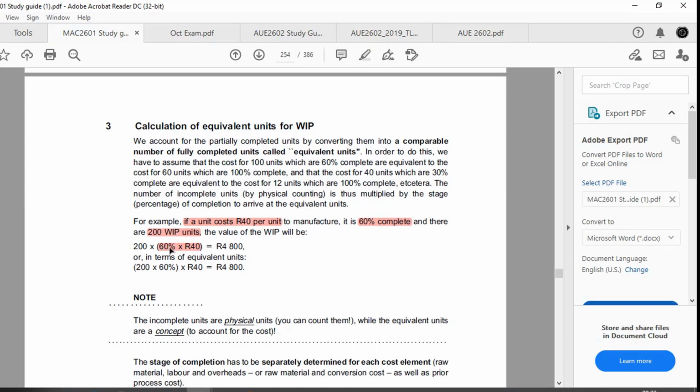You apply the 60% either on the cost per unit or on the units themselves. So an equivalent unit is illustrated here to say that we are recognizing that as much as it's a work in process, 60% of it is complete. So you are portioning it, you are bringing it up to a fully completed unit, if you get what I mean.